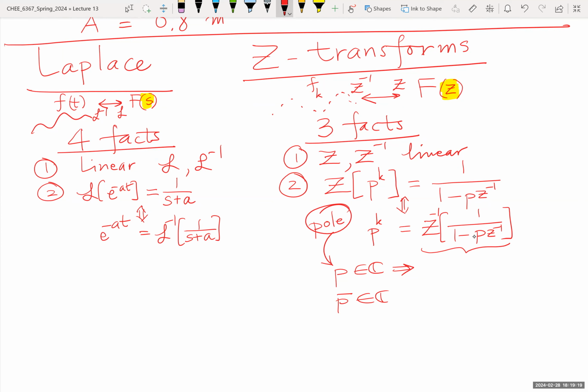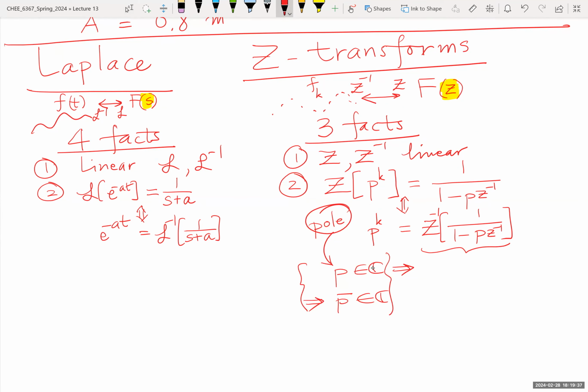And in the same way, the values that make the numerator of a Z transform equal to 0 are called zeros, just like Laplace transforms. So if P is complex, as we're showing here, then there must be a P bar.